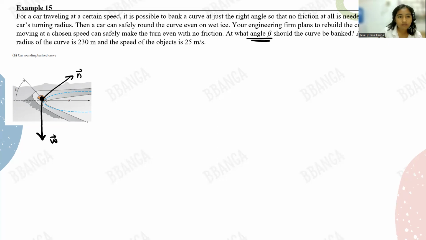And then, it has constant speed, but it's moving about a circular path, no? So, ibig sabihin, kailangan natin dito ng a-rad. So, yung a-rad mo is to the center ulit. So, ito.